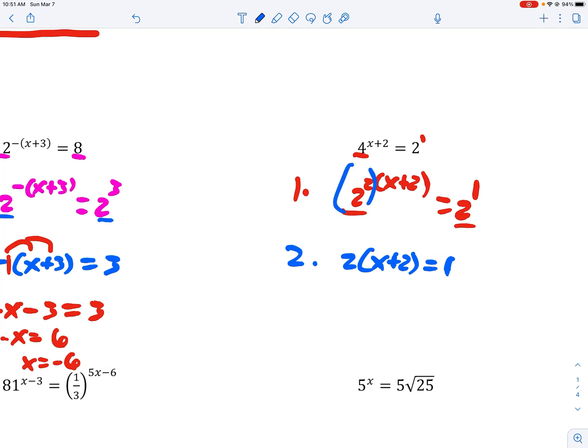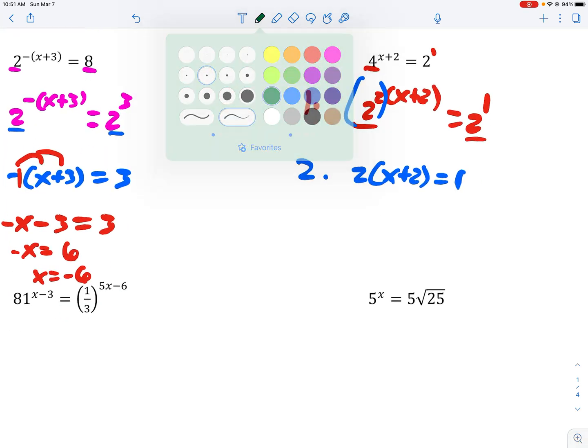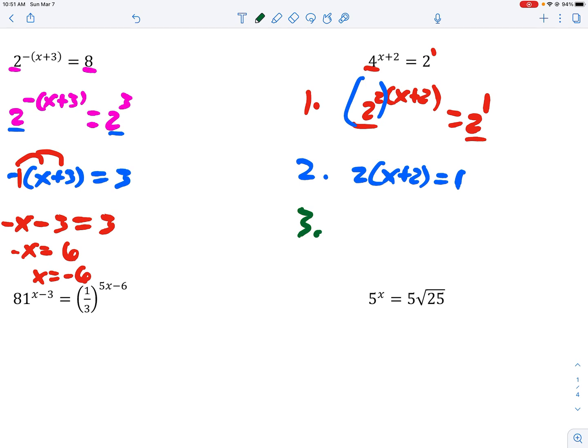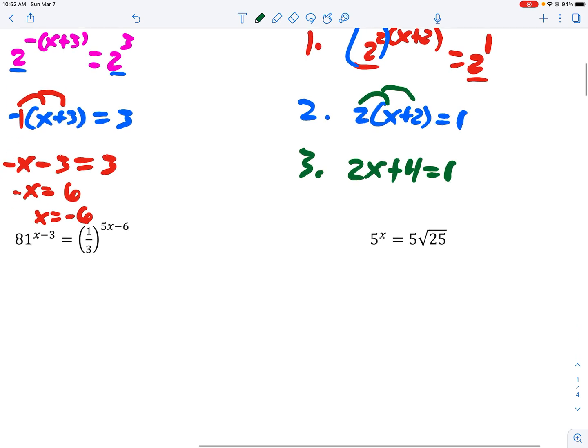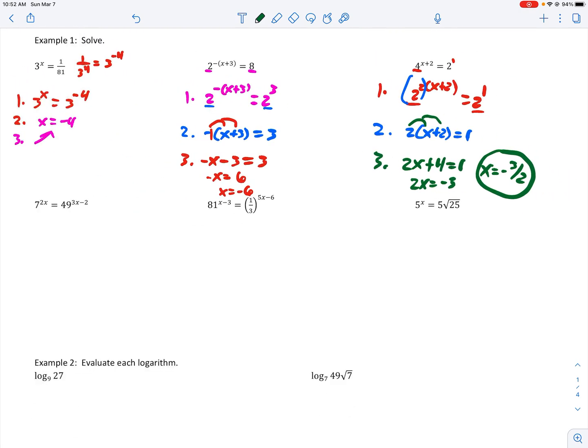So then step 3, solve for x. Distribute: 2x plus 4 equals 1, and then just solve the multi-step equation. Subtract 4, and then divide by 2. So we get negative 3/2. So again, same 3 steps every time.